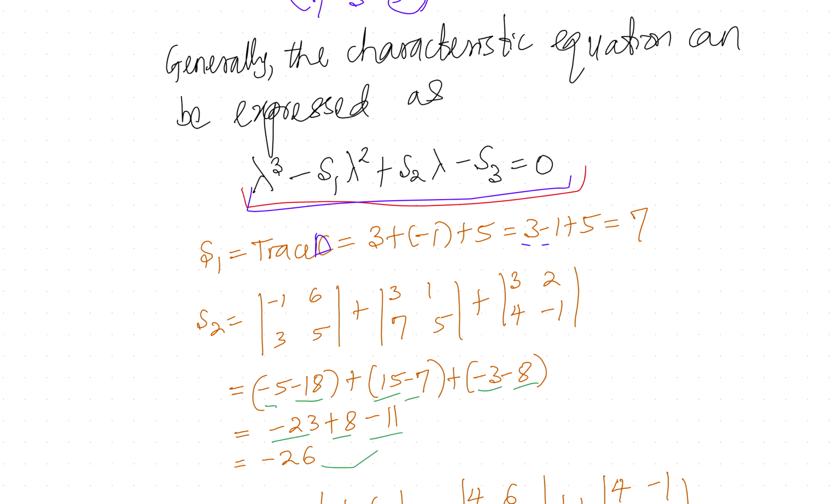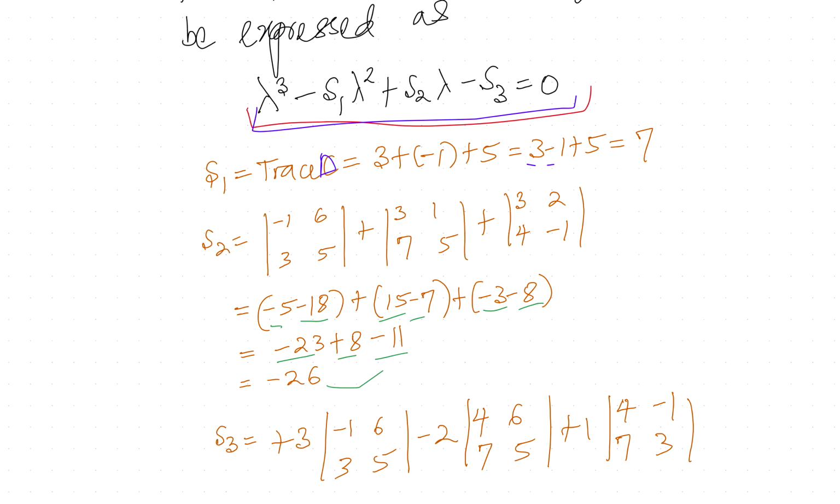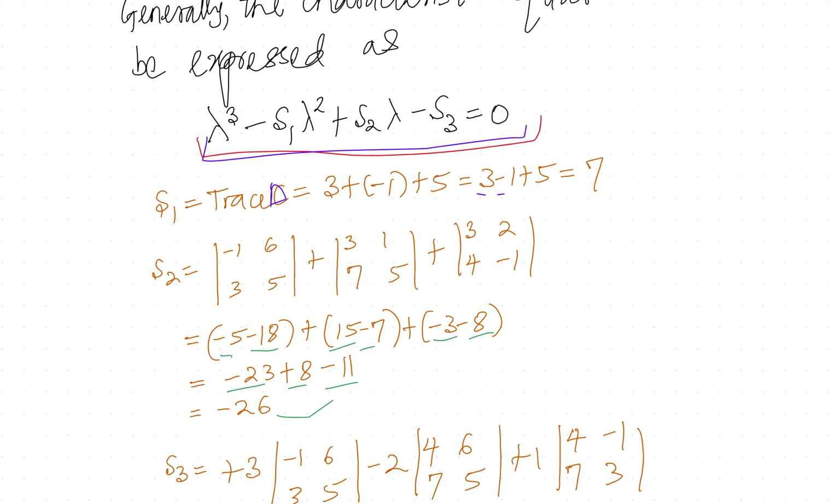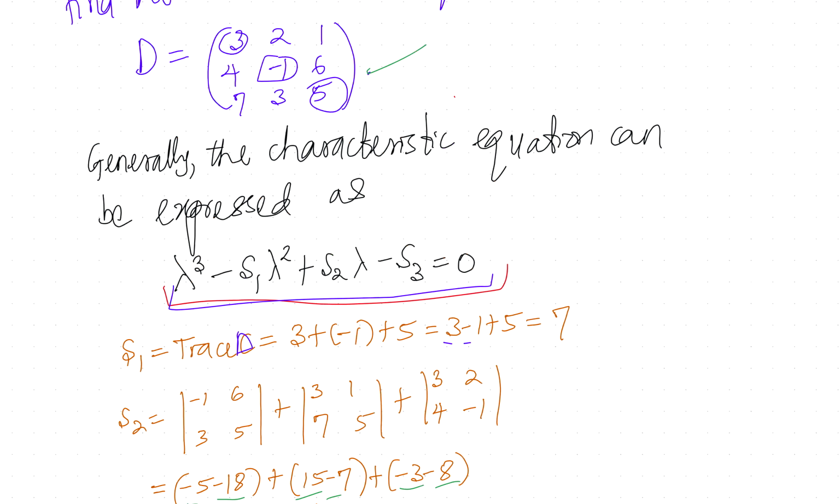So the last thing is to find the determinant, which we have done tons of times in the process of this course. So you have 3, 2, 1, 4, minus 1, 6, and then 7, 3, and 5. We are looking for the determinant of this now. So see what we get.